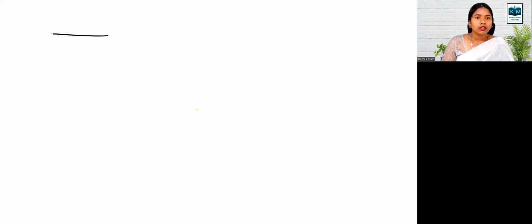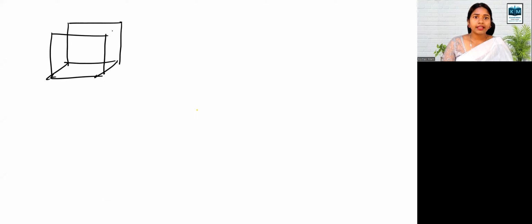See here, this is the unit cell. Here is where the atoms are present in the case of FCC. This is one corner. Now this top face center, right face center, left face center, down face center, this is the front face center.